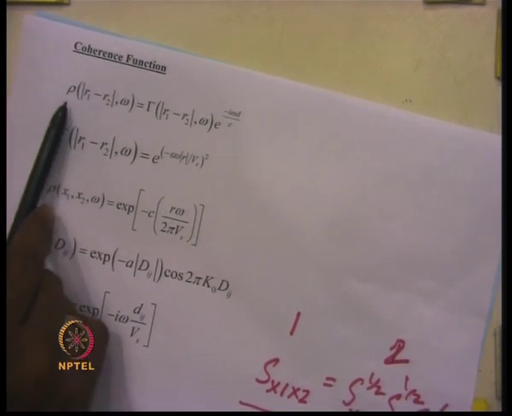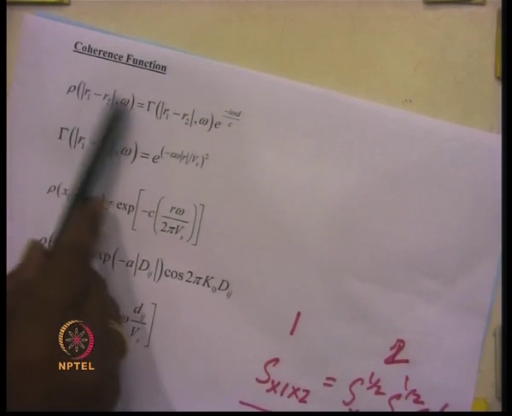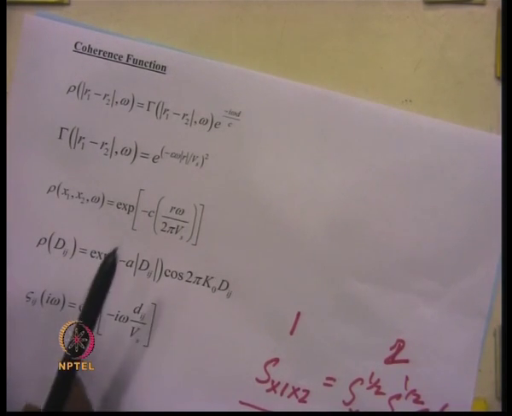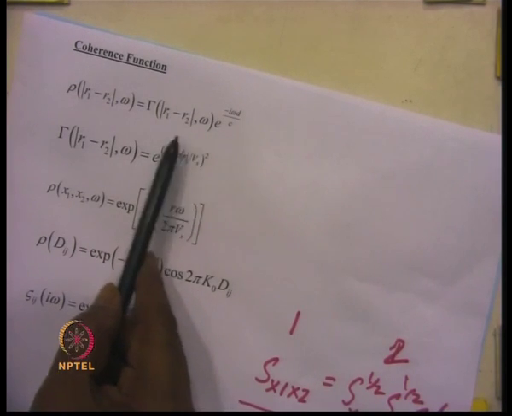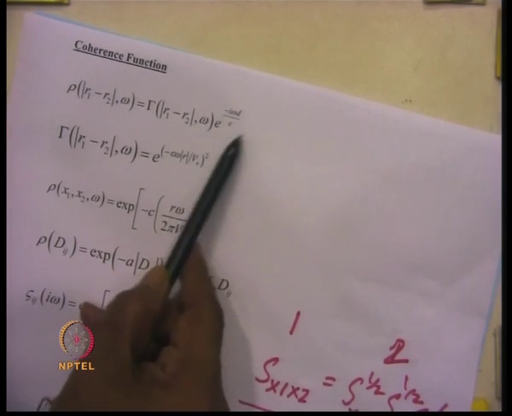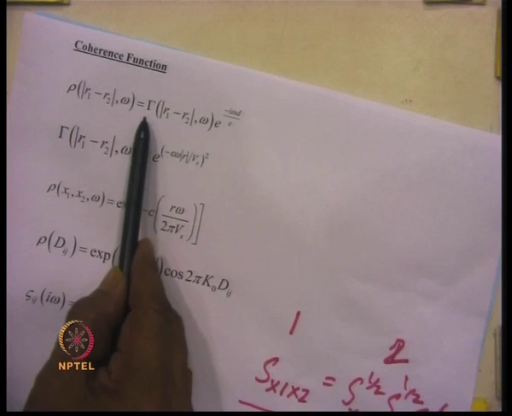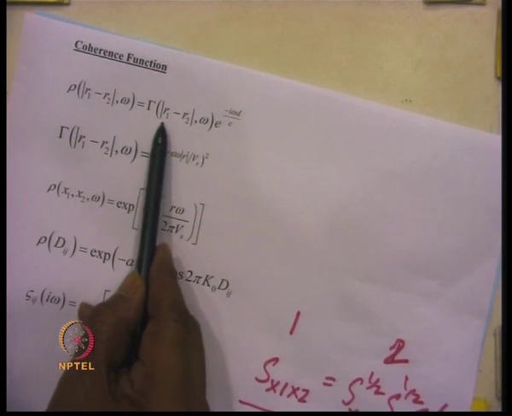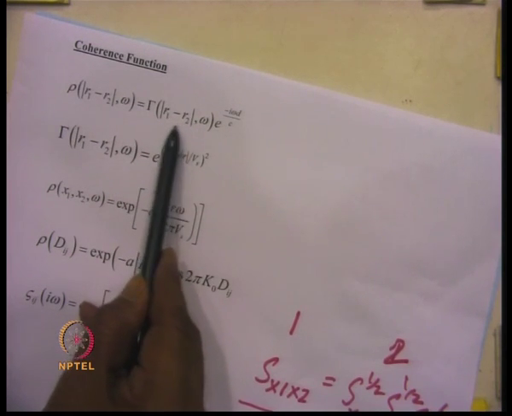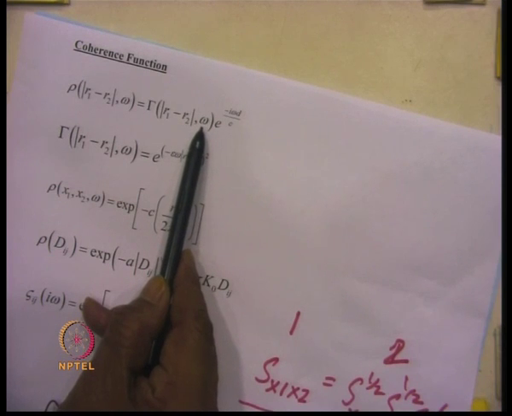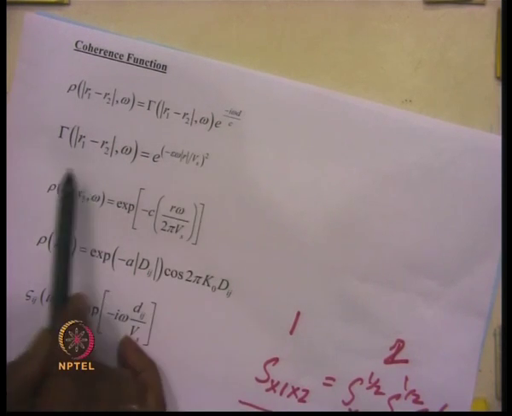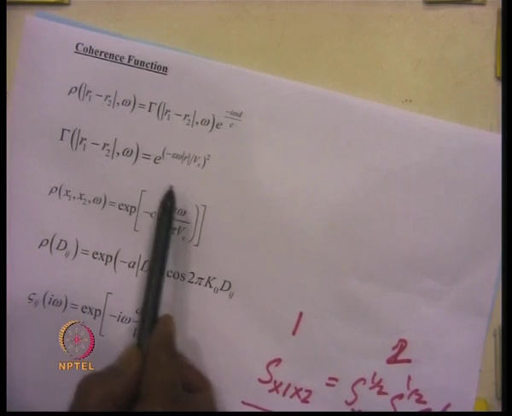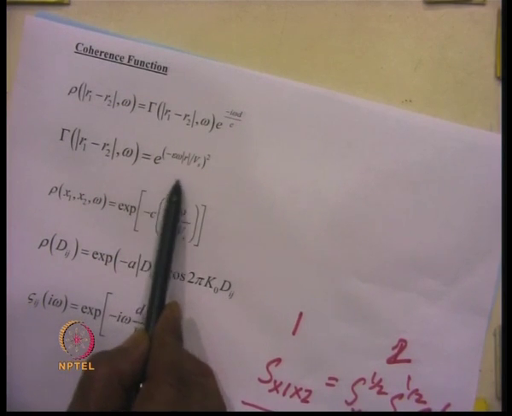Here this is a coherence function, and one can see that this is again an exponentially decaying function with a gamma function, the distance between the 2 points, and it is a function of omega, and this function is more precisely written over here.